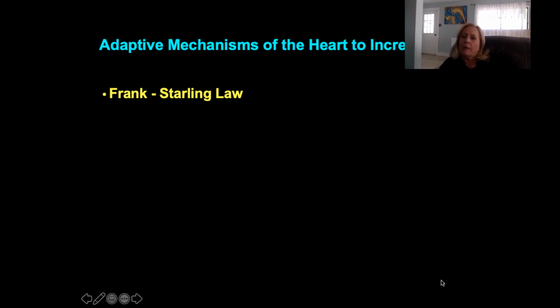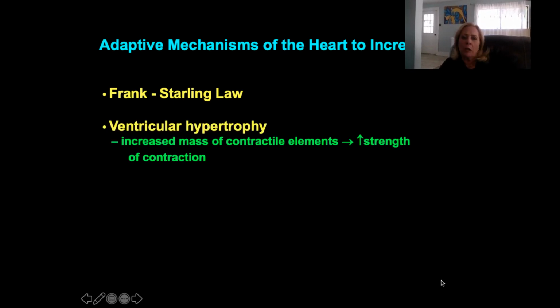Now, one other thing that you need to re-familiarize yourself with is the Frank-Starling law. Basically, if the ventricular muscle is stretched, the actin and myosin, the contractile units of the heart, are able to line up better. And when they align better, they're able to give us a greater force of contraction.